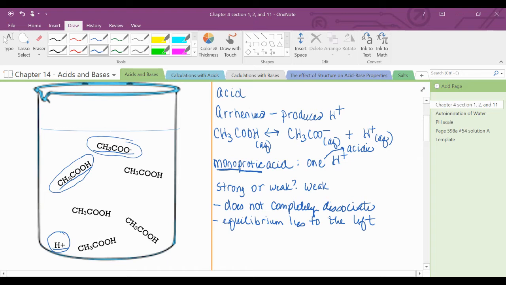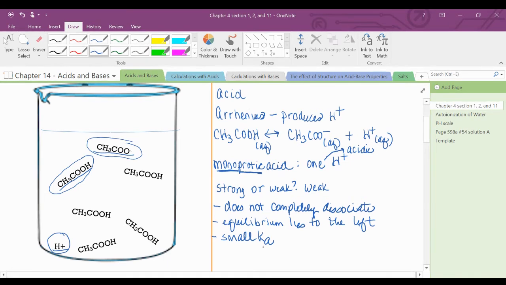Which means that it produces very few products, in this case, very few ions in solution. And another characteristic of being weak is that this is going to have a small Ka value. Okay. So we know K is a symbol for equilibrium constant, and when we're talking about acids, we call it a Ka value.